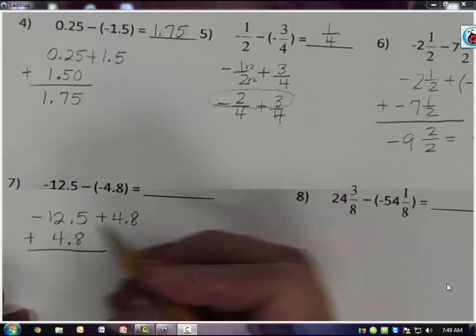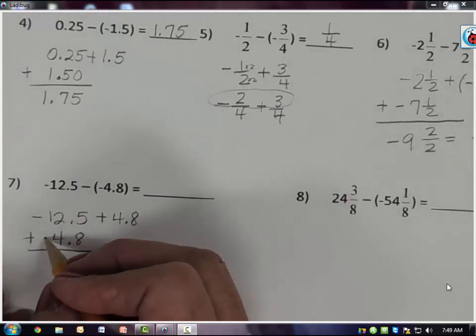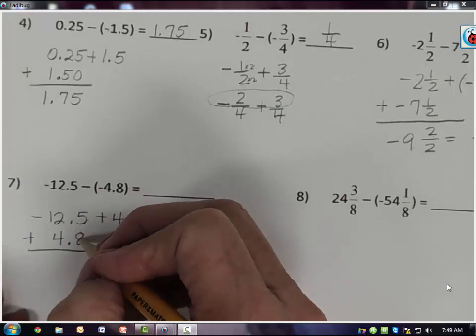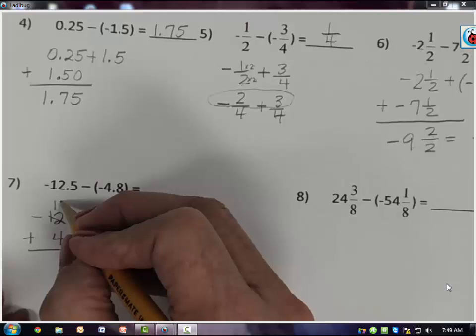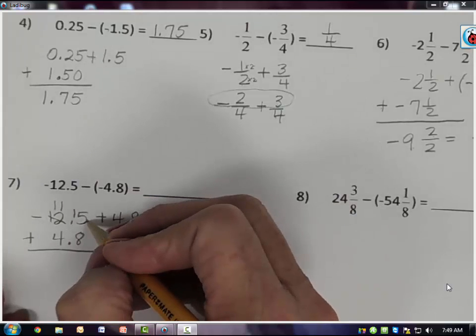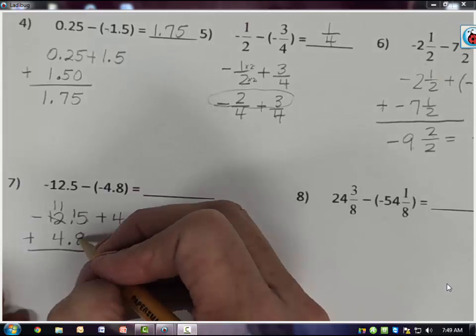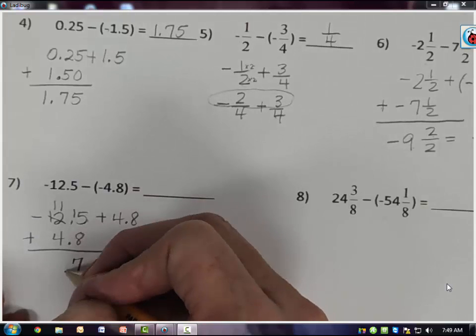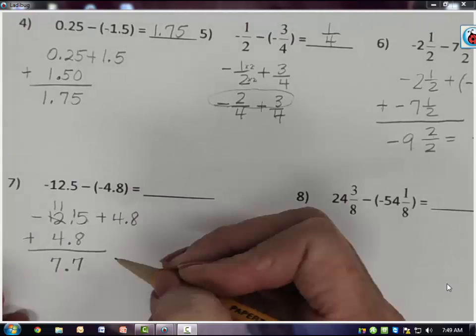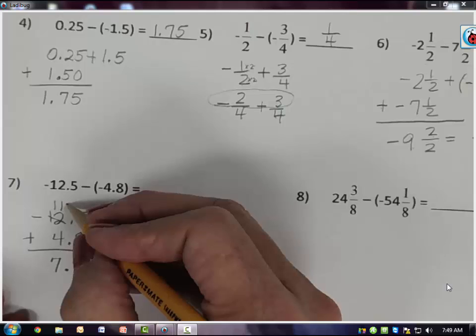We cannot subtract 5 minus 8, so we have to borrow from the 12 and put that 1 that we borrowed onto the 5 to make 15. 15 minus 8 is 7. Bring down the decimal, and 11 minus 4 is 7. Now, what do we have more of, negatives or positives? We have more negatives, so our answer is negative 7 7/10.